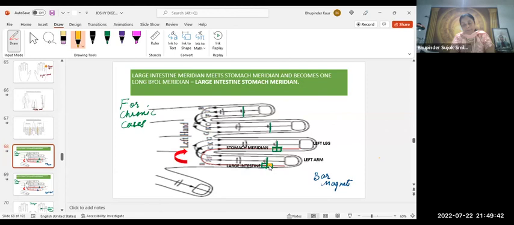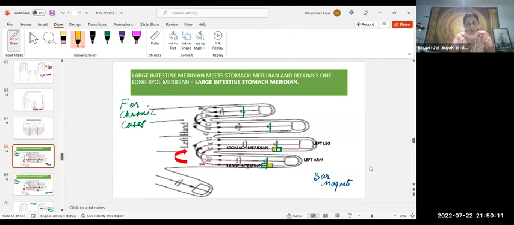Yellow is here. Sedation. This is how we put it, because energy flows from arm to leg. So this is sedation of the large intestine meridian because of loose motion, and also sedation of the stomach meridian because of vomiting.